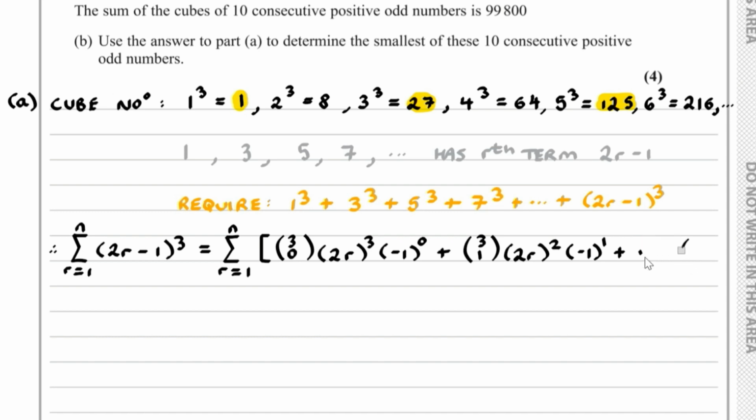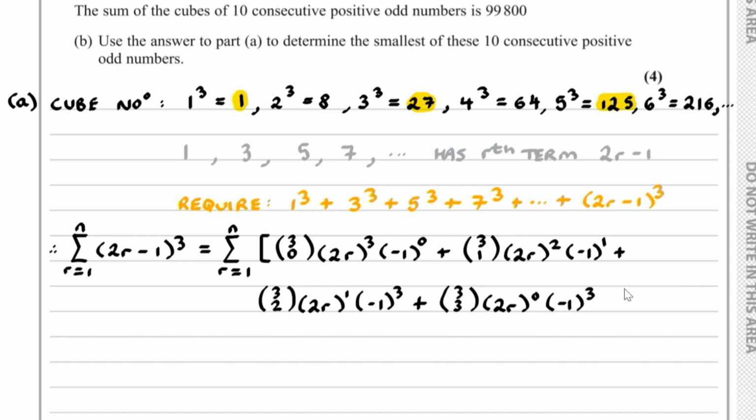Well, let's just write this on a new line. We have 3 choose 2, (2r) to the power of 1, (minus 1) squared, plus 3 choose 3, (2r) to the power of 0, (minus 1) cubed. So what I've just written down here is the expansion of 2r minus 1 all cubed.